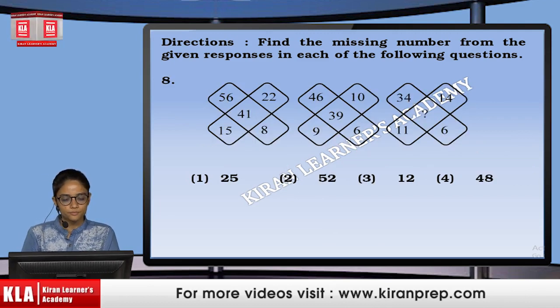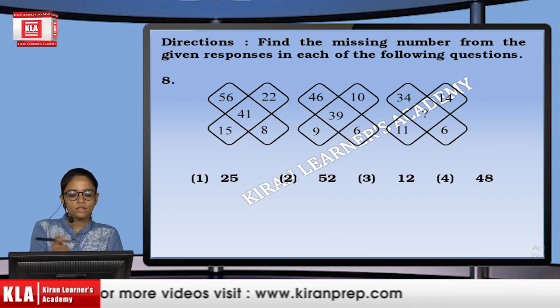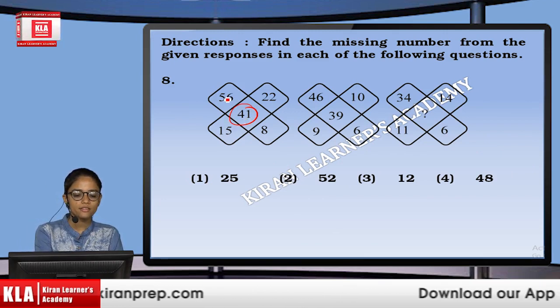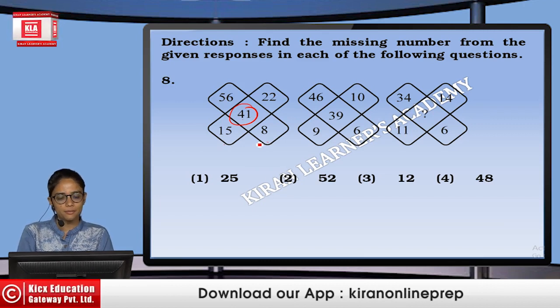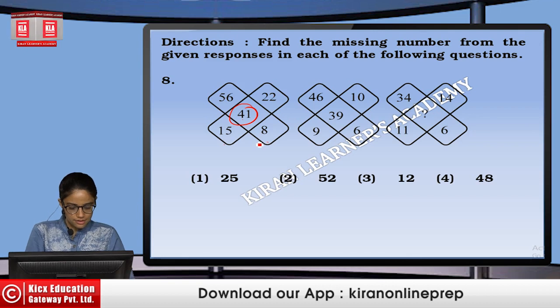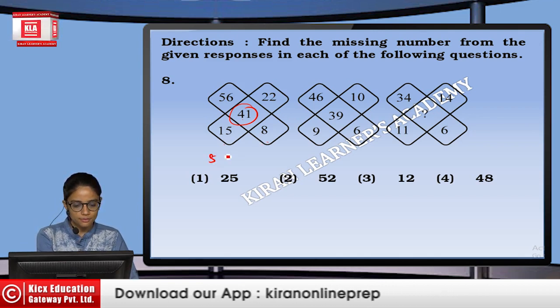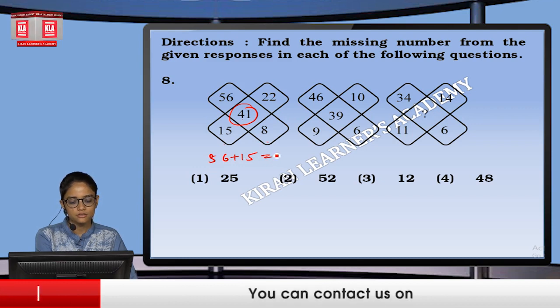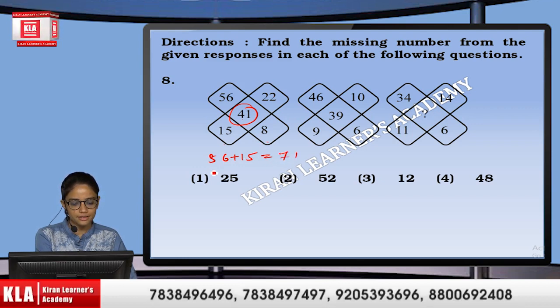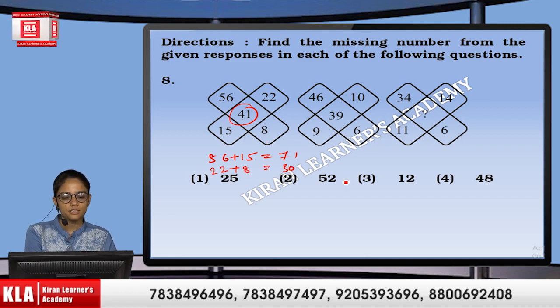Next question. Now in the center, the number is quite equal to the numbers outside, so we don't need to apply multiplication. We can do it with simple addition and subtraction. So let's see. 56 plus 15 will give us 71. Similarly, 22 plus 8 will give you 30. If we subtract them, we get 41.